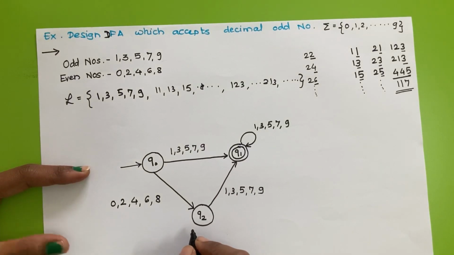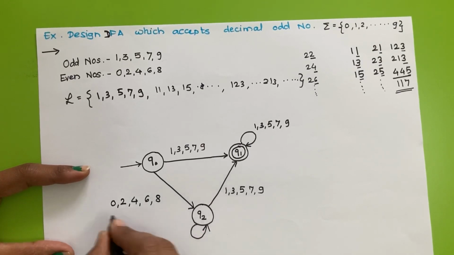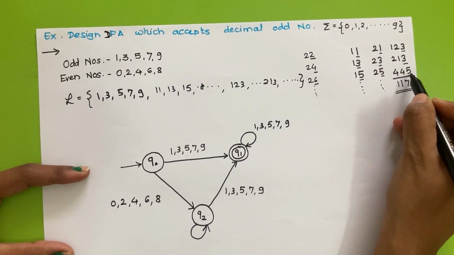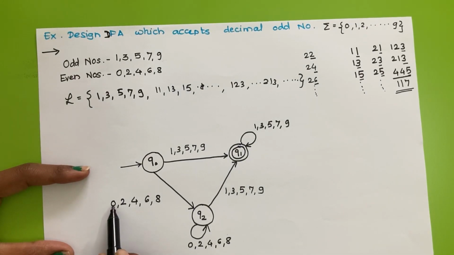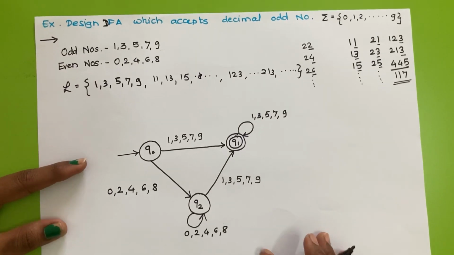OK, again we can repeat the same. It means if the number is like 4 4 5, this transition can also be repeated here. Or the number is like 2 2 3, or 6 6 6 9, so the total number will be an odd number.